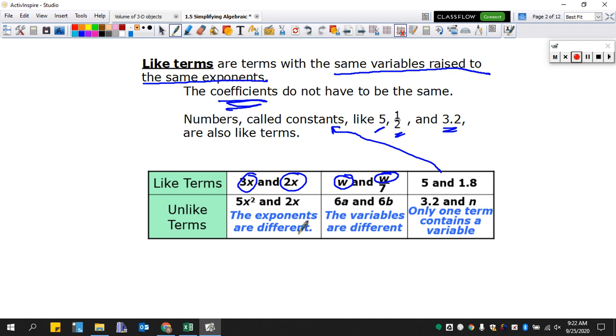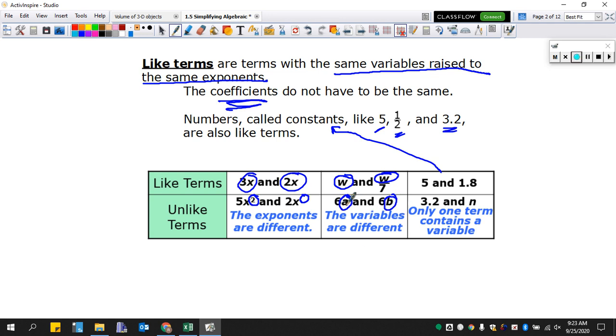Now, terms that are not alike, or unlike terms, are 5x squared and 2x. Well, if you look here, that x is raised to the second power. This one is not. Okay, so that means that the exponents are different. That's why they're not like terms. 6a and 6b: even though the coefficients are the same, it doesn't matter because the variables are different.